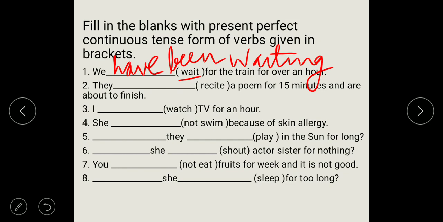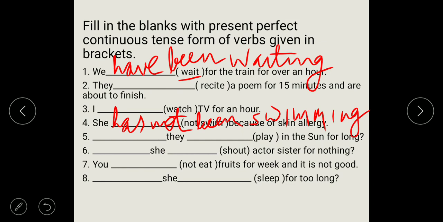Fourth one, she. With she we have to use has. Not is there, then she has not been swimming. Okay, she has not been swimming. Fifth one, they play.